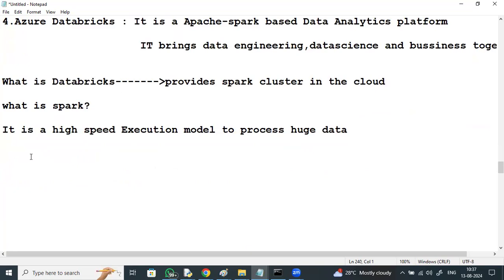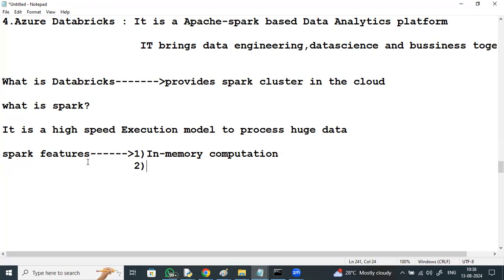Spark has got a great boom, so in our course we'll be discussing PySpark. Its main feature is in-memory computation, which means storage and processing both happen within the memory.